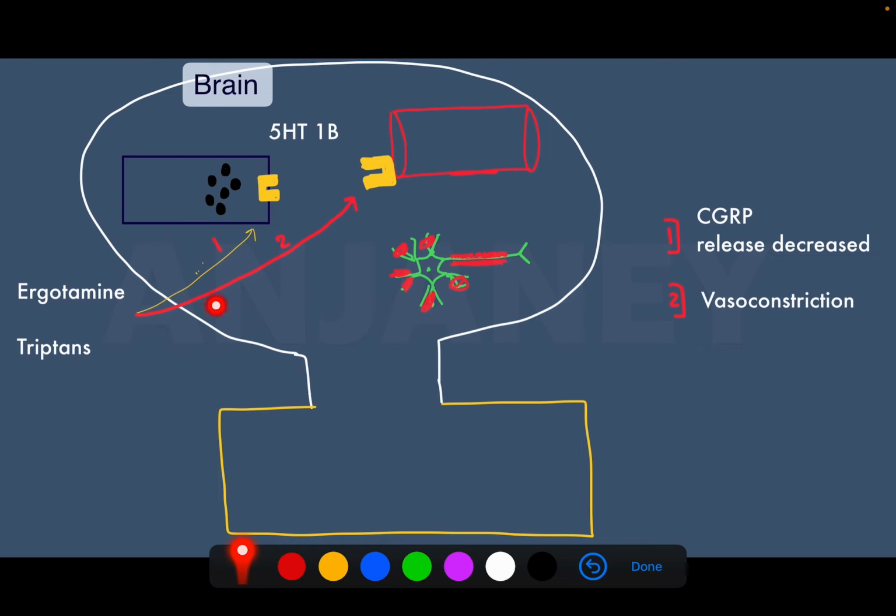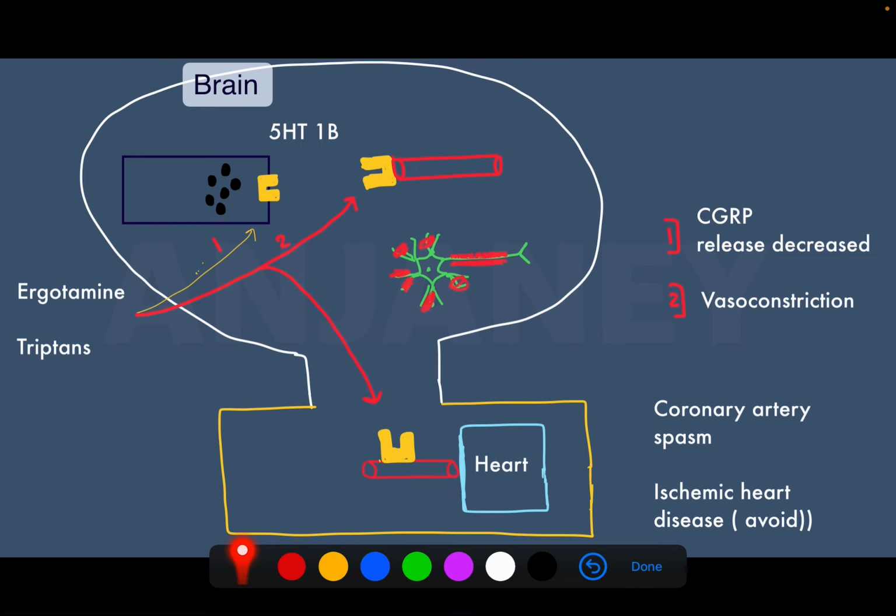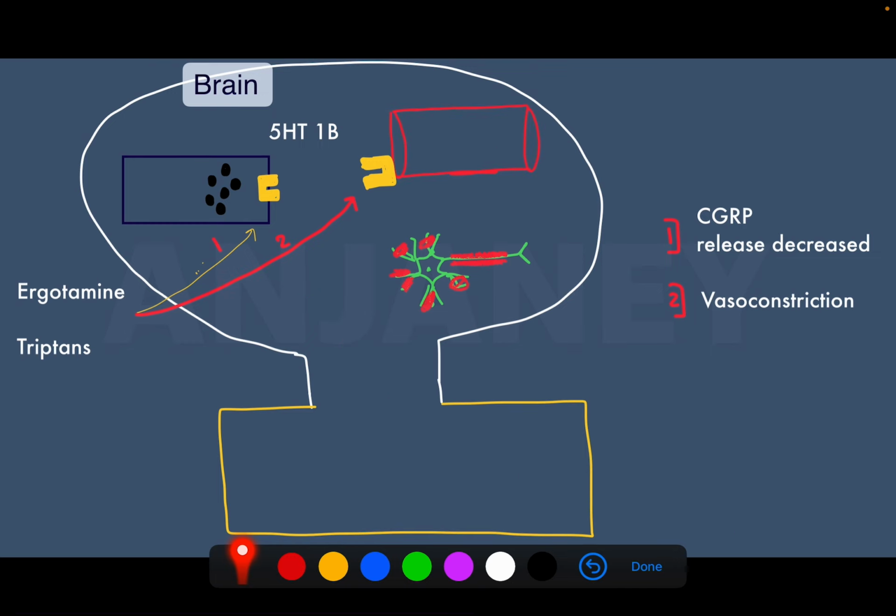The triptan is stimulating this 5-HT1B receptor, and here it is inhibiting the release of CGRP, and here it is causing what? Vasoconstriction.